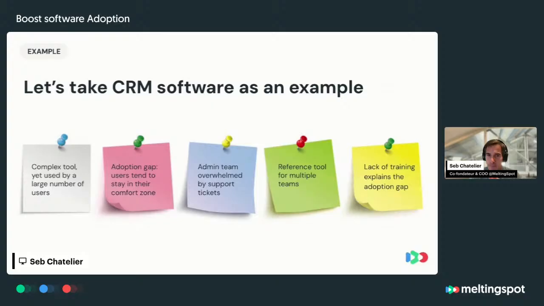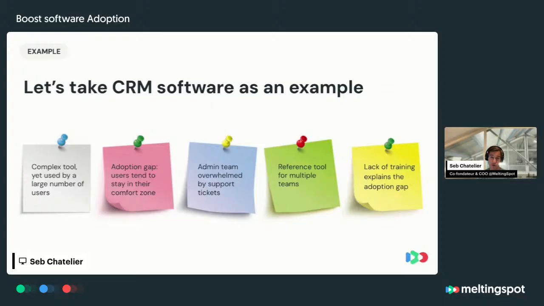Cool. We're going to start the second part of the webinar and go very practical using an example. CRM is the obvious choice when it comes to sales enablement, and that's the focus of today's session. Complex tool with lots of adoption gaps. Admin teams often overwhelmed by support tickets of SDRs, BDRs not knowing how to log this or that.